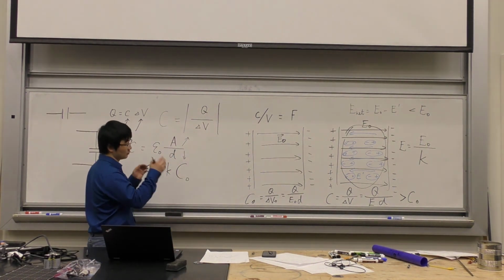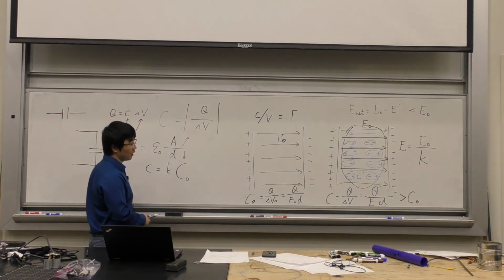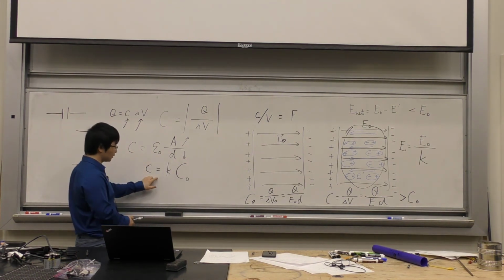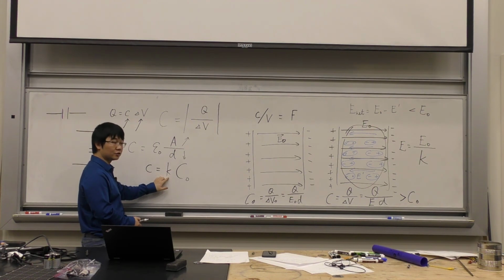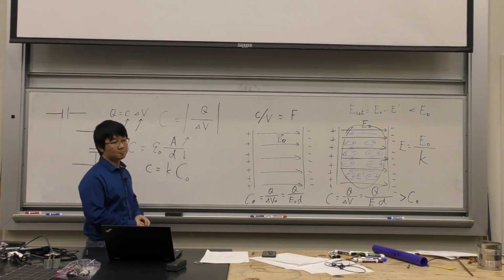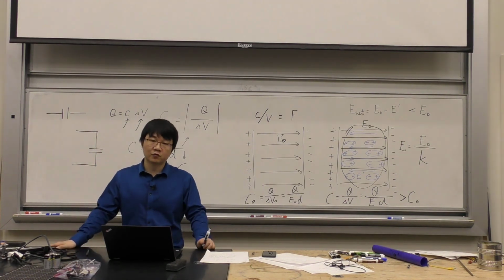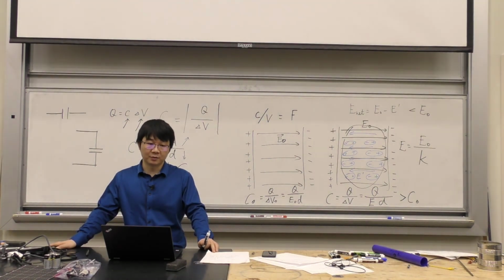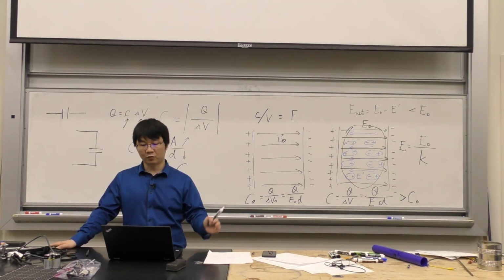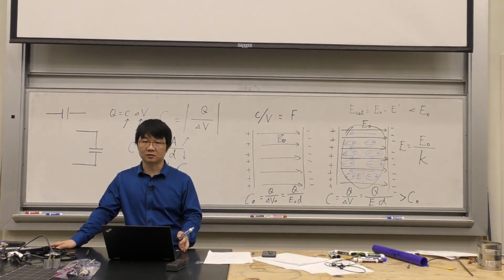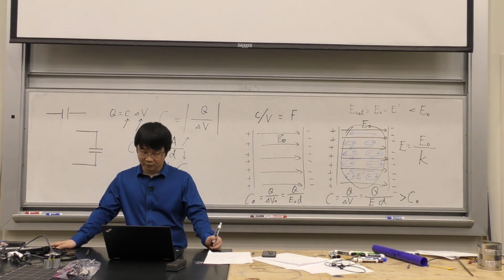So by putting insulators between parallel plates, you can increase the capacitance by a factor of K, which is called the dielectric constant. Okay. You can also increase the breakdown voltage the capacitor can take before the insulator between them becomes conducting. Okay, so that's why we use dielectrics in capacitors.